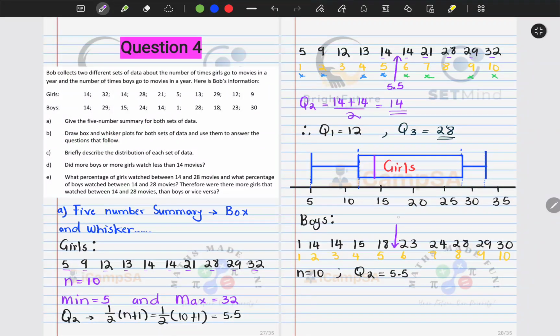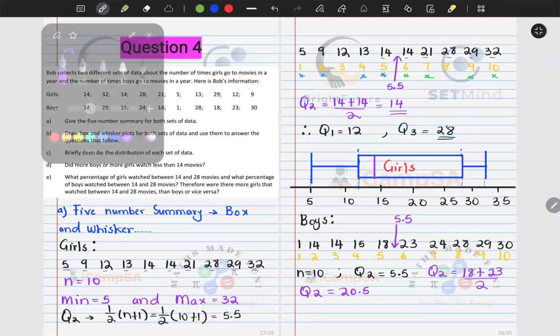Okay, that is your 5.5. Which means your Q2 will simply be 18 plus 23 divided by 2. Let me quickly use my calculator. So 18 plus 23 divided by 2, that is 20.5.